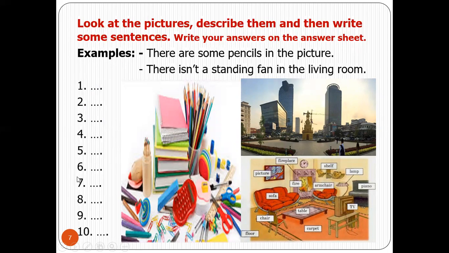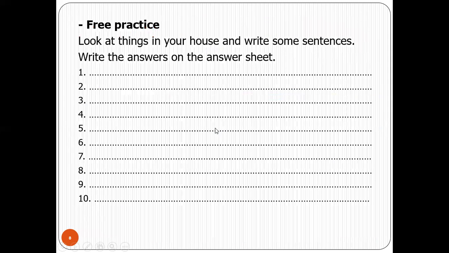So write 10 sentences. Write your answers on the answer sheet. Look at things in your house or things around you and write some sentences. Write your answers on the answer sheet. So you have to write 10 more sentences.